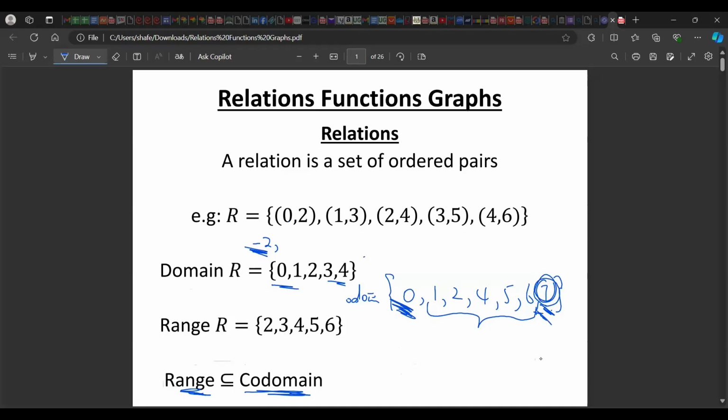Okay, you see this range here? We got 2, 3, 4, 5, 6, but we don't notice the codomain is 0, 1. How do we get 1? What do we need to put in to get 1? To get 0, we put in -2. To get 1, -3? No, -3 plus 2 will give you 1.